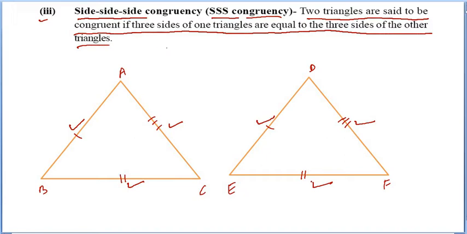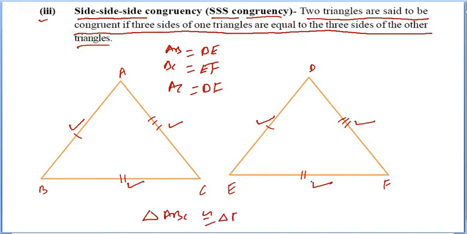So you can say AB is equal to DE, BC is equal to EF, and the last one, AC is equal to DF. Then triangle ABC is congruent to triangle DEF.